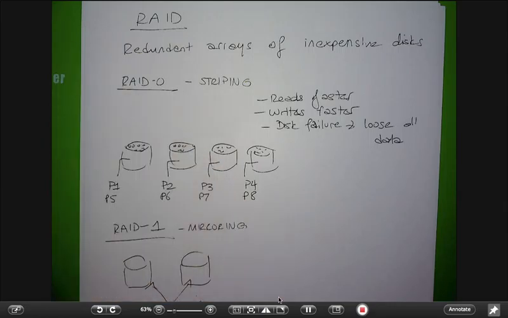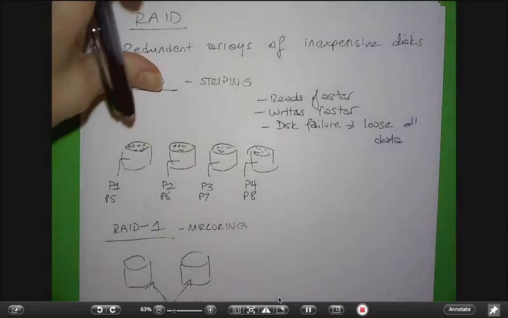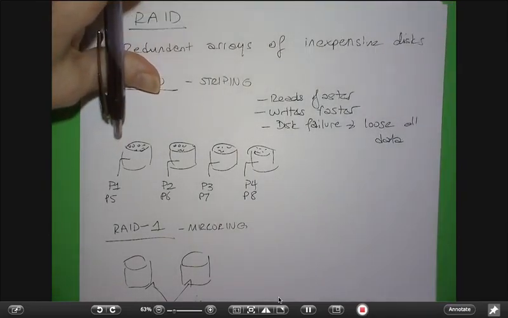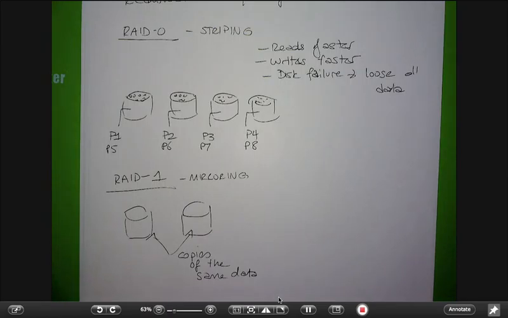Now the thing is that since you are copying the same data, you are using two disks but you are unable to store twice as much data, right? You're still storing as much as you can store in one, whereas in the other setup you're storing 4 times more data. So you are really wasting one disk just for redundancy, right?